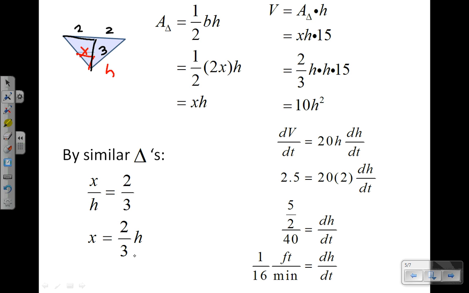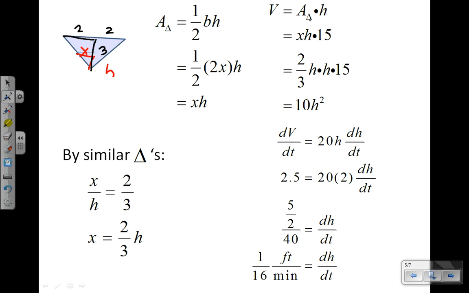I actually started thinking of it with volume. The question was to find dH/dt, and they gave me dV/dt, so I figured my volume equation relates V and H. The volume of this trough is always the area of the base times however long the trough is. This is a prism, so base area times height.